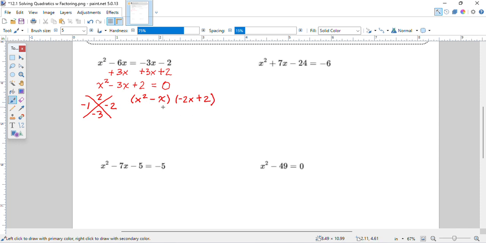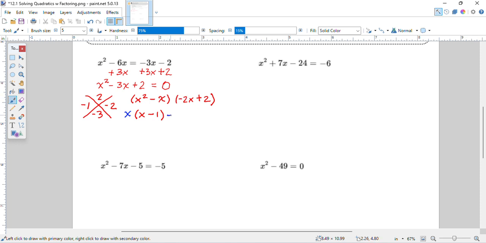And when I factor out our greatest common factors here, what we're going to end up with is we have x that we can take out here, leaving us with x minus 1 on the inside. And on this side, we should end up with x minus 1 on the inside as well. If you have a coefficient or something with the x that is negative, you can take that negative out. So that's what we're going to do. We're going to take out negative 2 because we can take out a 2 from both, and we want that negative gone.